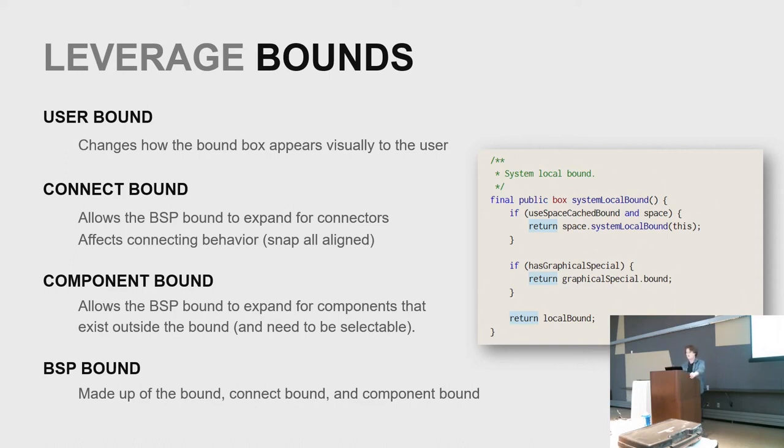Your component bound, I'm not going to get super deep into components. They're really useful. I use them all the time. But these are basically prop objects that have graphics, may have data, may live on a snapper, but they might exist outside of the bounds of your snapper bounds.